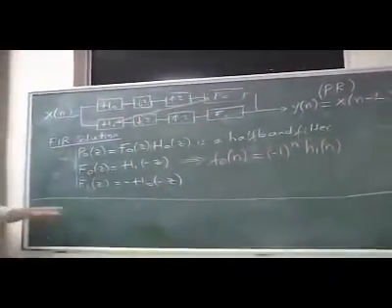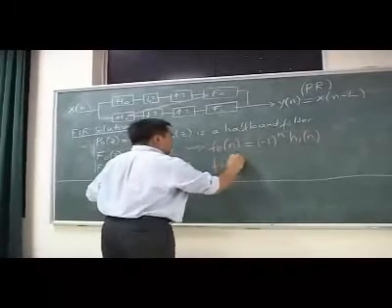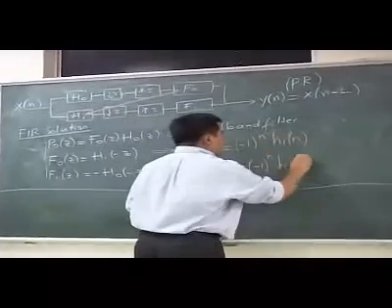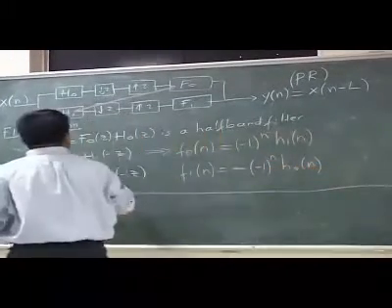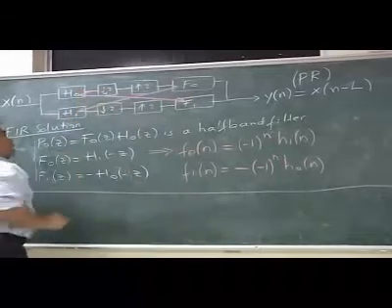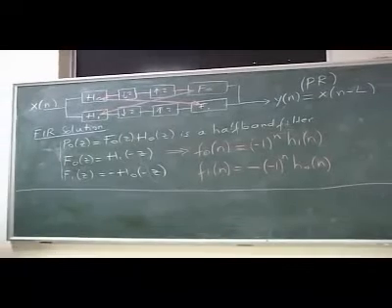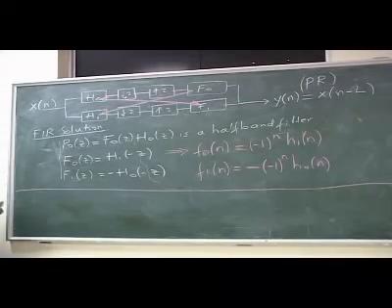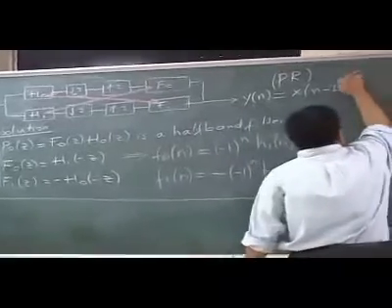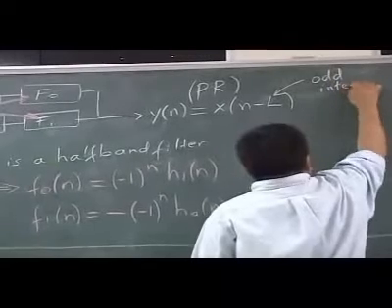Then f1 of n is minus 1 to the n h0 of n. So f1 and h0 are related this way. That's how they relate. We also showed that L is an odd integer.